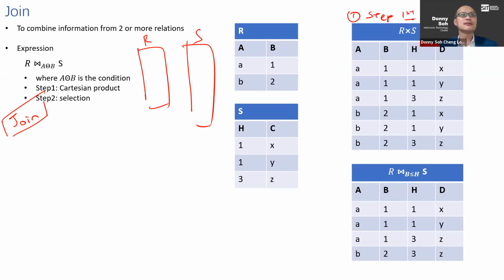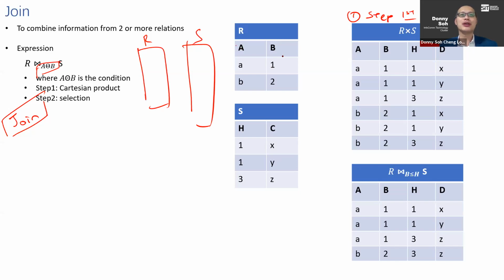Recall in the last lecture, we talked about Cartesian products. Let's say R is joined with S based on a certain condition. The first thing we do is a Cartesian product between R and S, which is what you see over here.